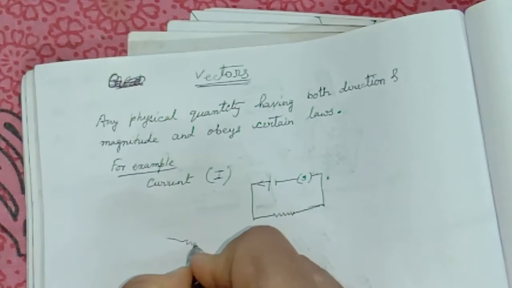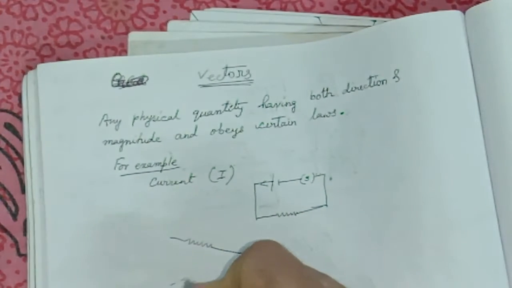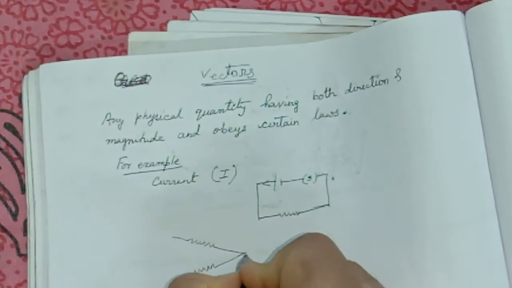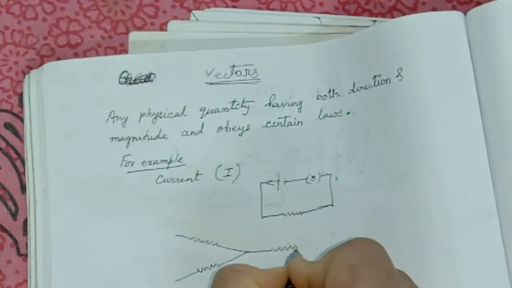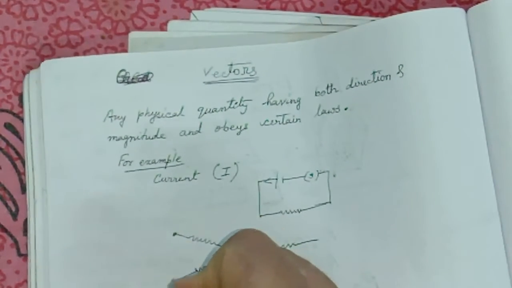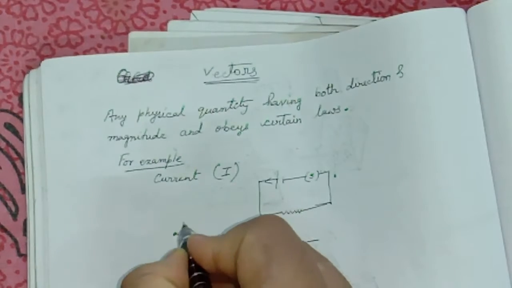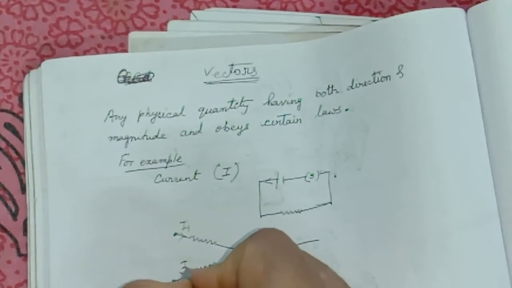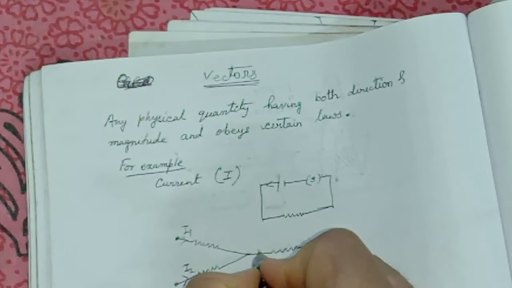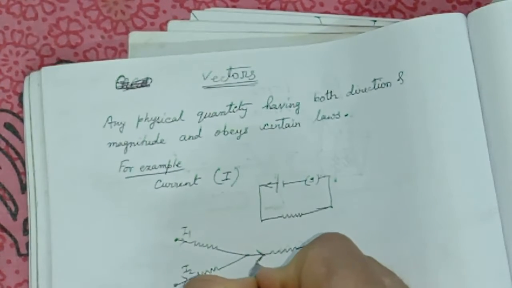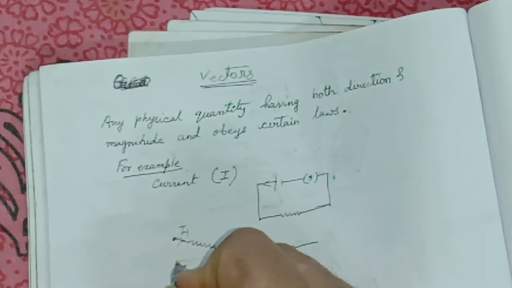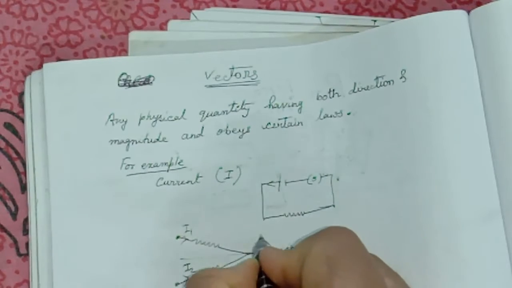Similarly, if we consider a junction, this is I1, this is I2. The current will always flow in this direction, not in this direction. It will flow along the path connected.